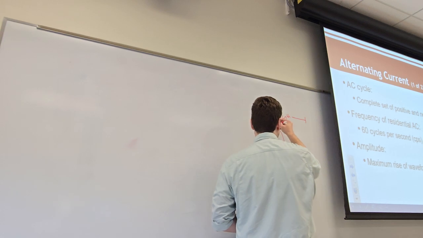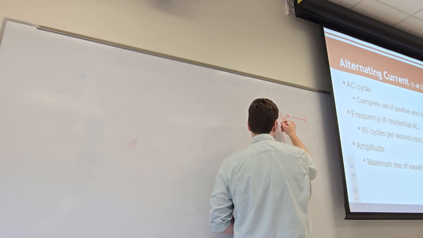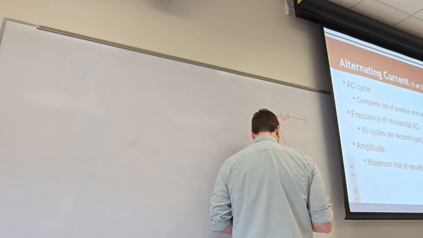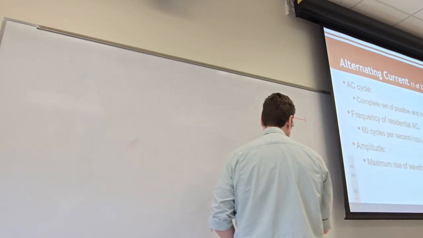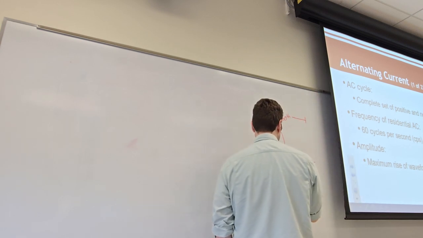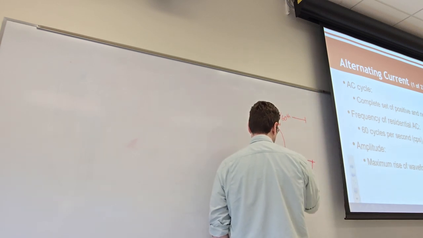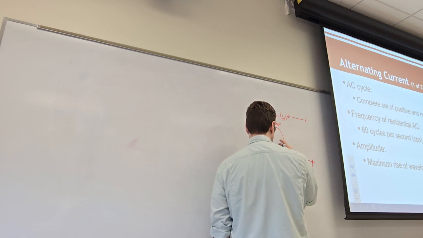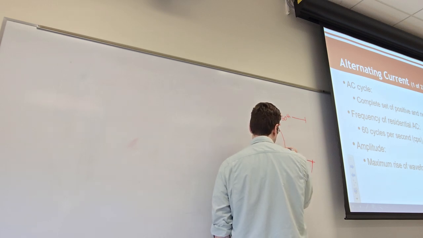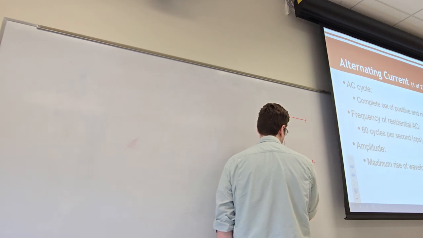So during this, positive pulse will be at like positive 120 volts, and here we'll be at negative 120 volts. Okay, what I want you guys to understand is that our current, the amount of electrons that we induce in that wire based on this force that we impart, that moves as a result, will also change more or less in time.